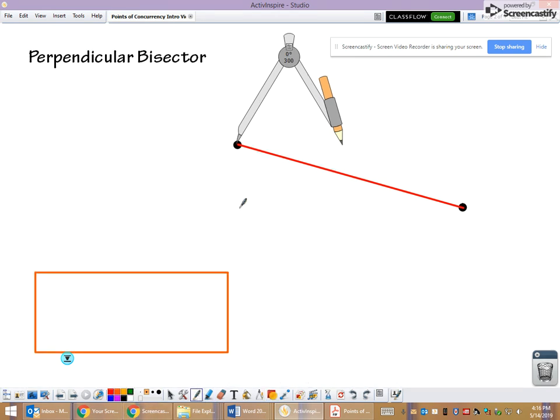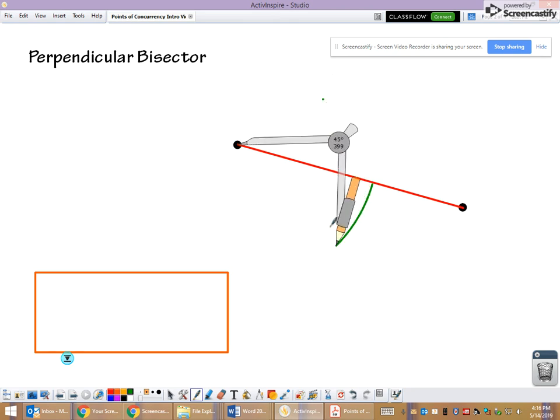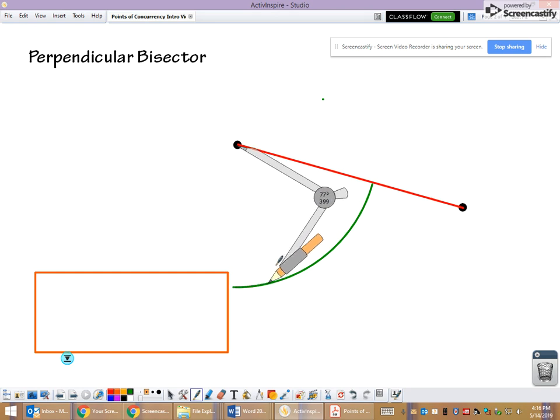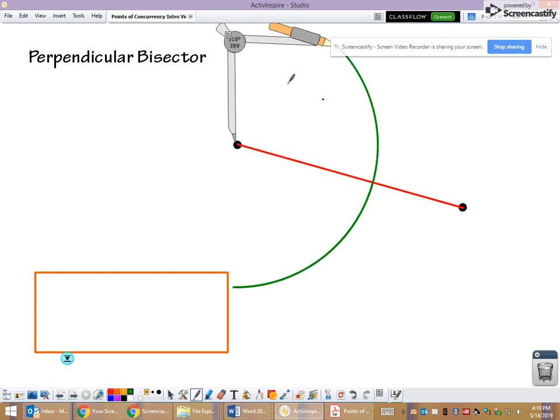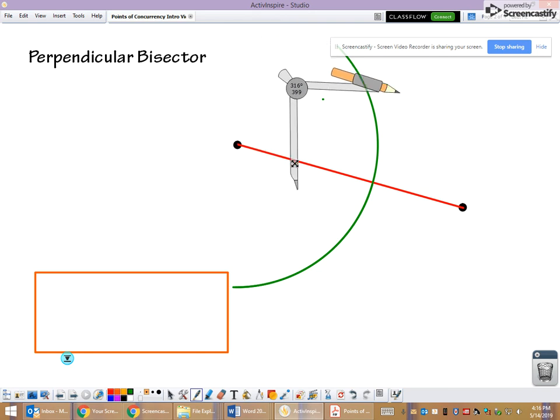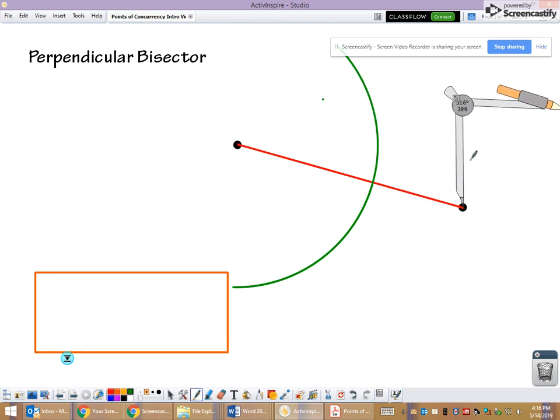So we start at one end, one vertex, okay? And you have to make sure that your compass is set to be more than halfway. And I can draw my one fish shape. Come to the other endpoint, sorry, better word, and draw the other half of my fish.